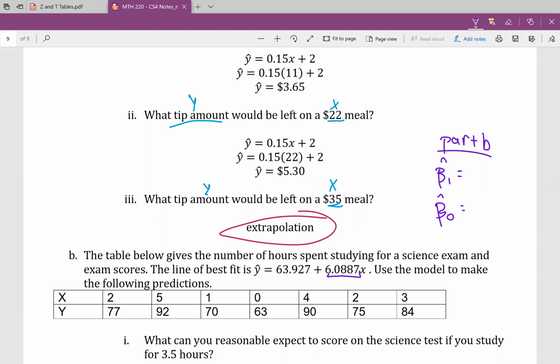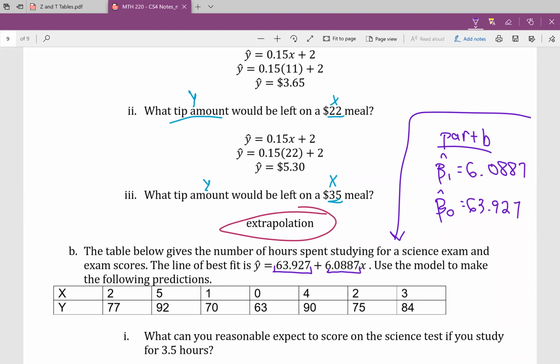That's what's connected to the x, so 6.0887. Beta naught hat is going to be the y-intercept. That's the standalone number; it doesn't have anything being multiplied to it. And that's 63.927. Okay, so that is all for part B. Let's go on to actually answering this question.